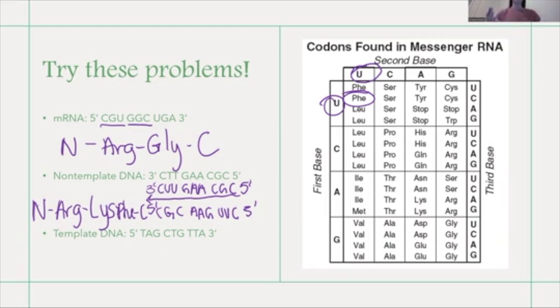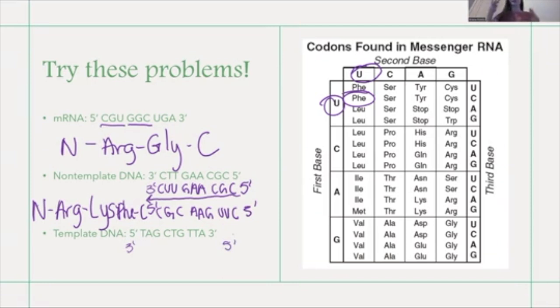And for our last one, we're given template DNA. So I need to do step 1, which is all about making my mRNA. I need to change my template DNA into mRNA. I know that my template DNA and my mRNA are anti-parallel to each other. So if my template is written 5' to 3', my mRNA is written 3' to 5'. And they're complementary.